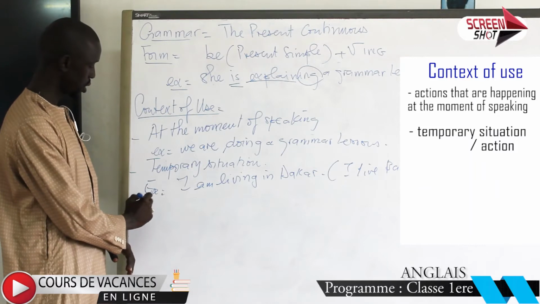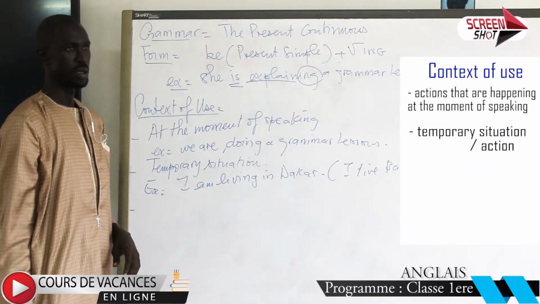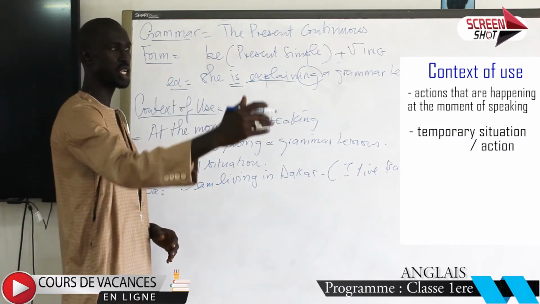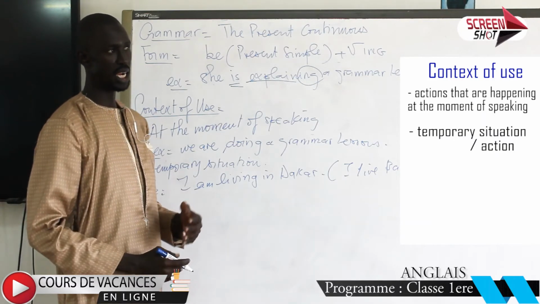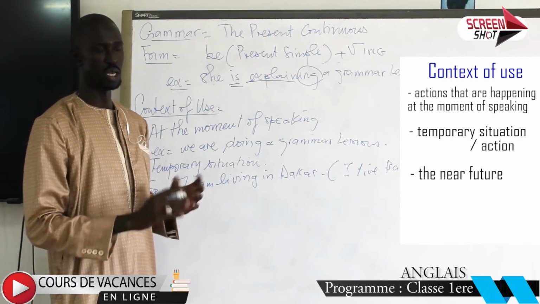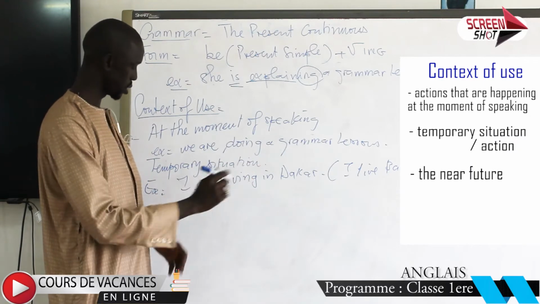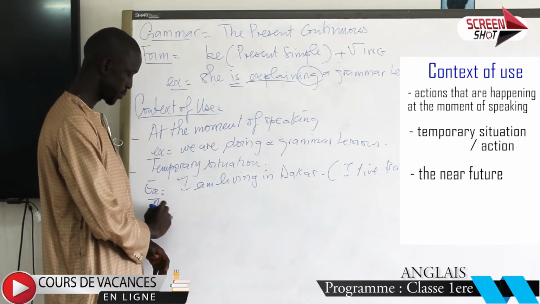We can also use the present continuous tense if we have a planned action in the future. A planned action in the future, that is what we generally call the near future.